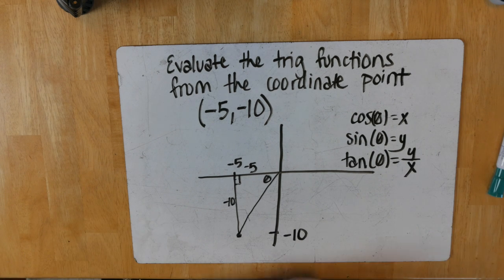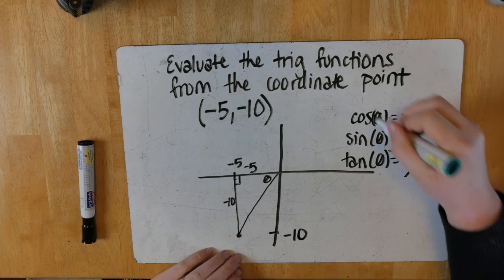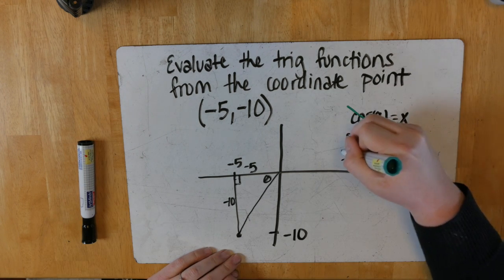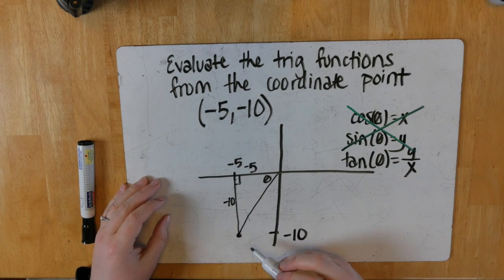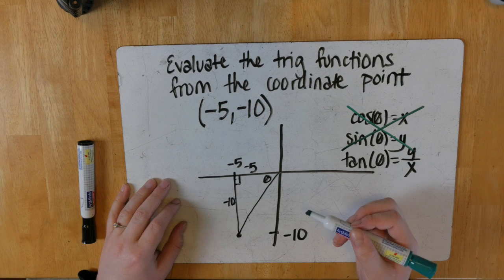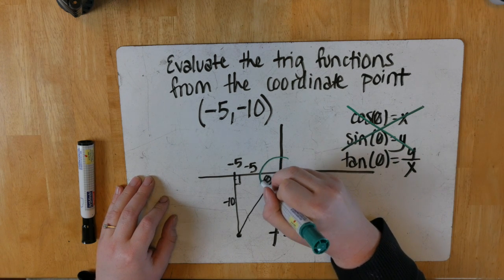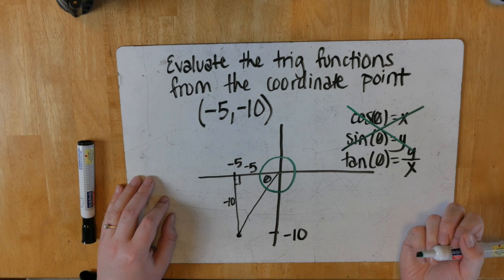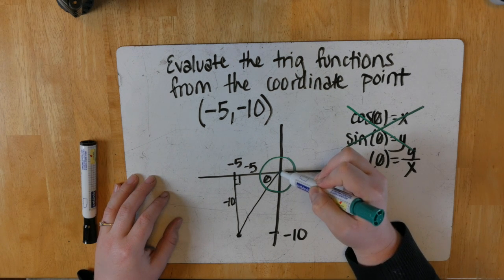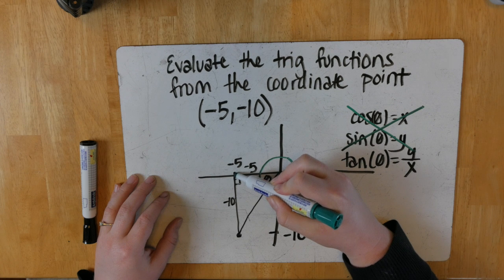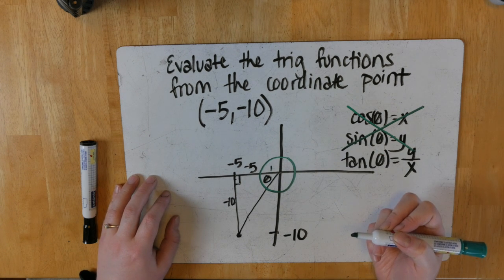But here's the problem. These patterns, or at least sine and cosine, only work within the unit circle. And the problem we have right now is that we're way outside of the unit circle. If I were to draw the unit circle in on this diagram, it would be maybe about here. Because if we go -5, we've way surpassed the unit circle radius of 1.